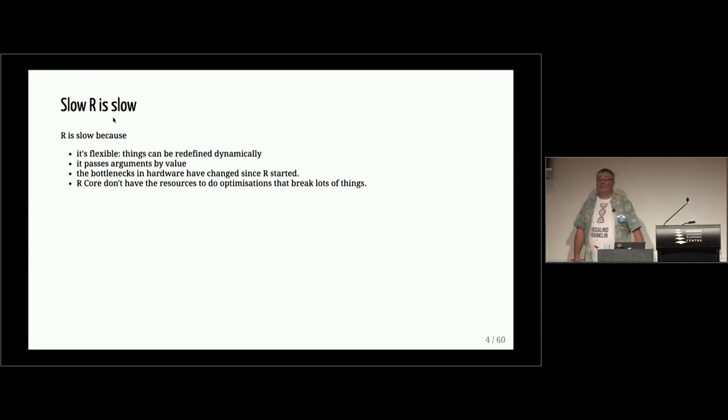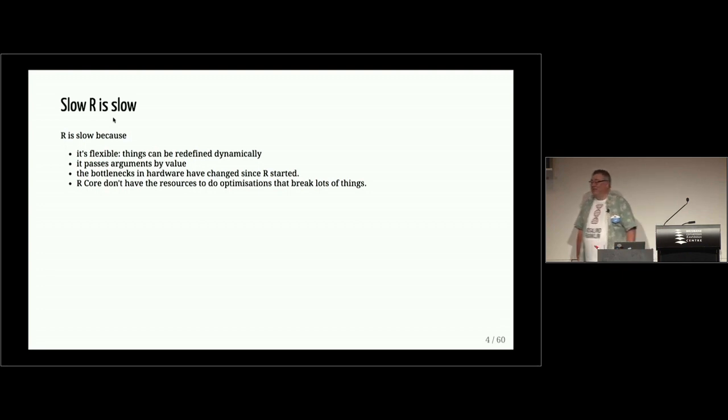One is that it's flexible. Everything can be redefined all the time. Luke has been making valiant efforts to cut down some of this, but everything can be redefined dynamically, and so R has to look up the current meaning of pi or the multiplication symbol or whatever every time it wants to use it.